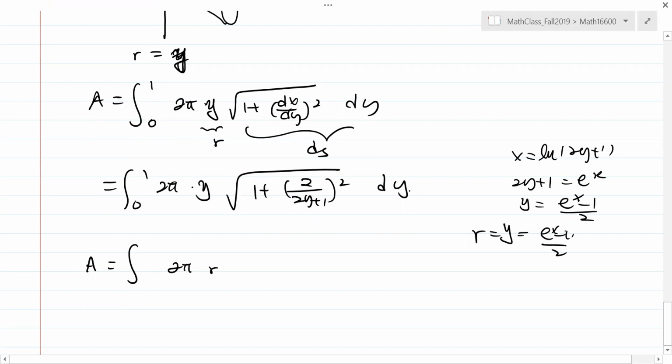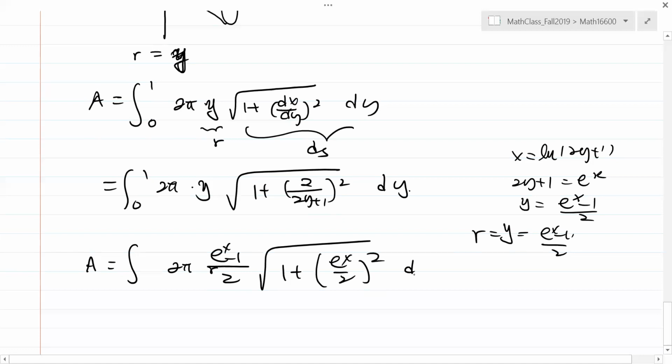Okay. Then you have 1 plus dy over dx squared, and then dx, right? When you differentiate that part, it is going to be e to the x over 2 squared dx.